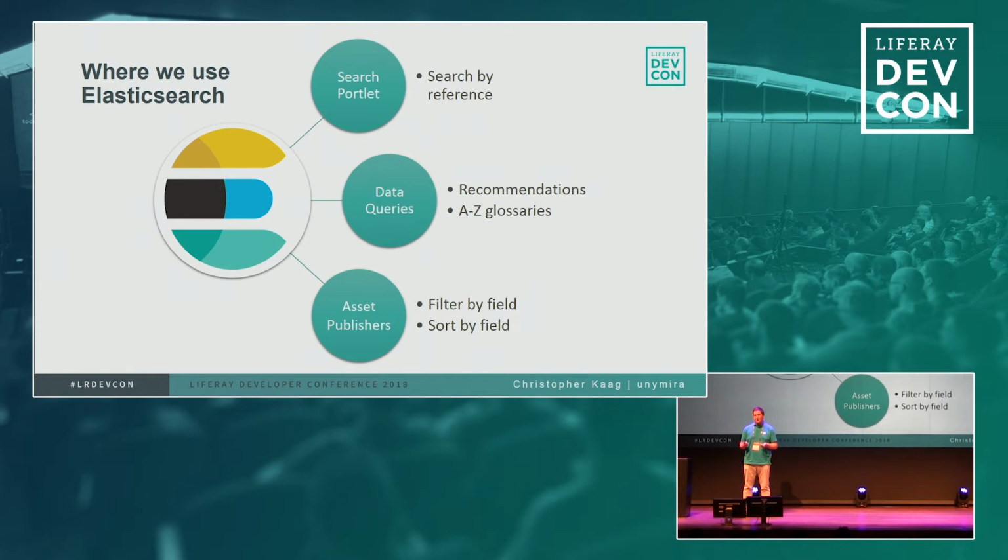And you can just say, now this asset publisher only portrays those articles that begin with A, which is a small use case, but not something you can do with out-of-the-box Liferay asset publishers.